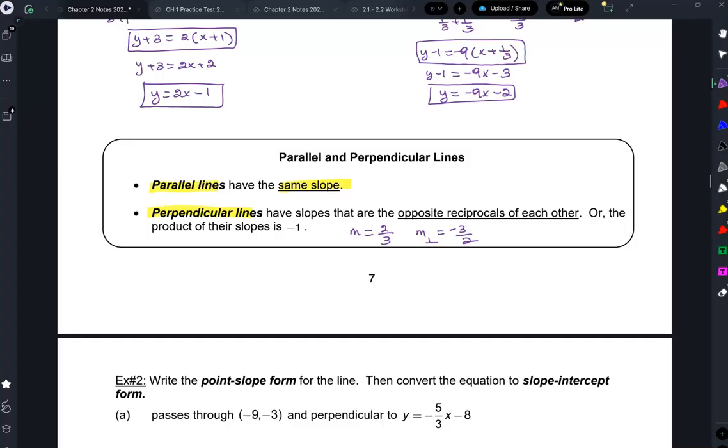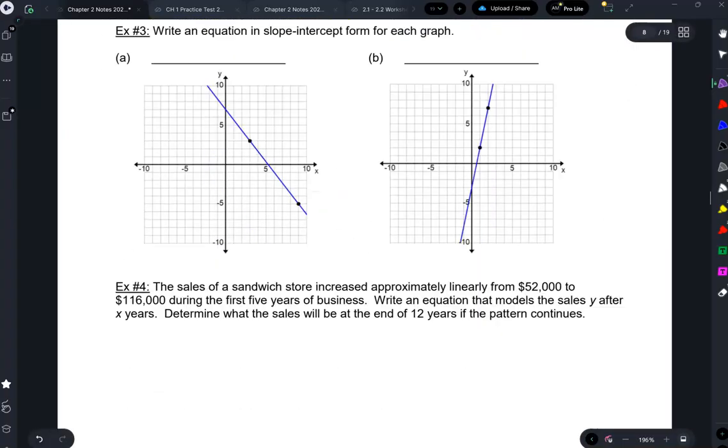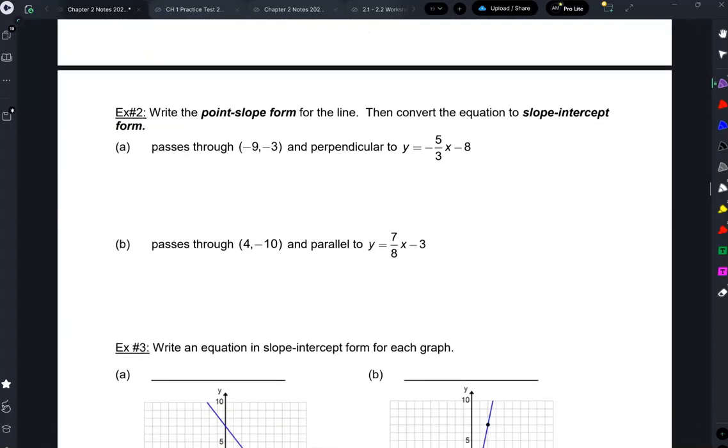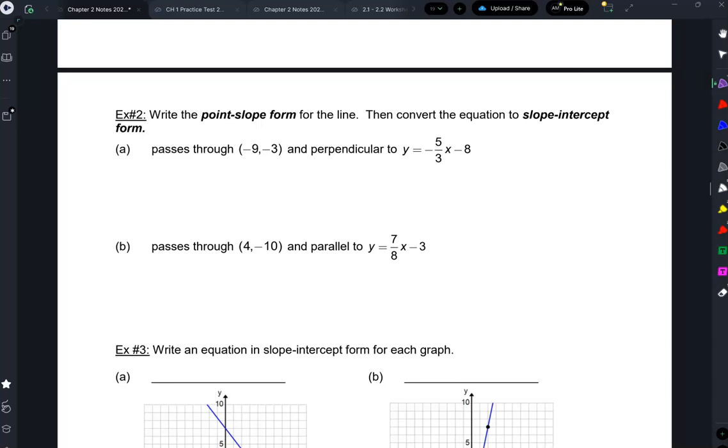Awesome. Okay, so here we go. Let's do this. We're going to write the point slope form of the line, then we're going to convert to slope intercept form. So here I have a point. That's my x1, y1. And it's perpendicular to this.